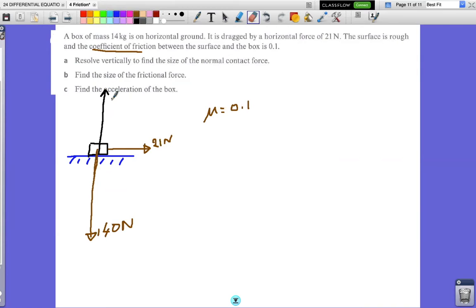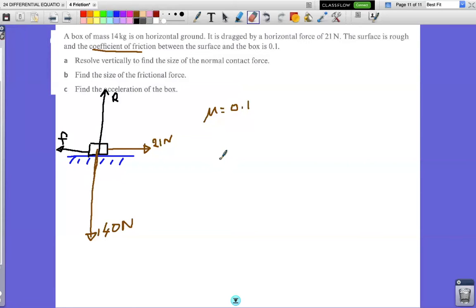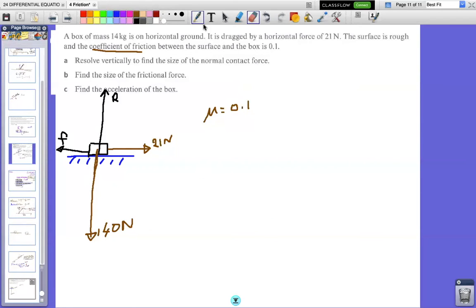So you have R here, and you should have a frictional force here. Let's denote it F. This problem tells you what steps you should take in solving such a problem.